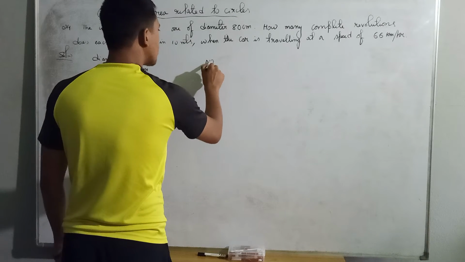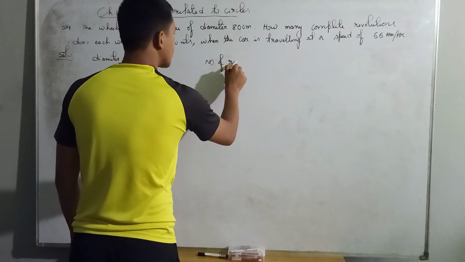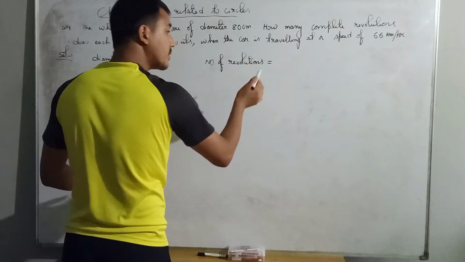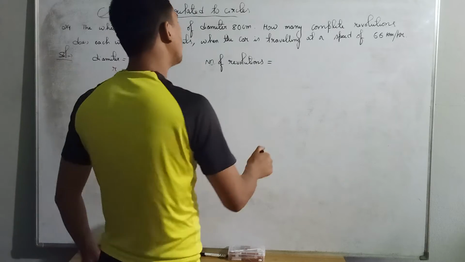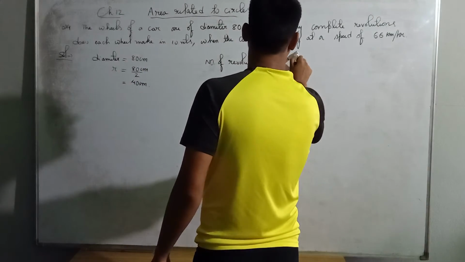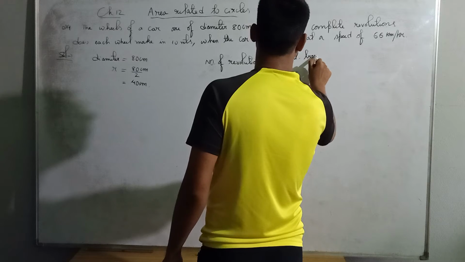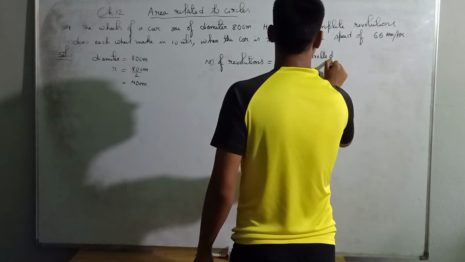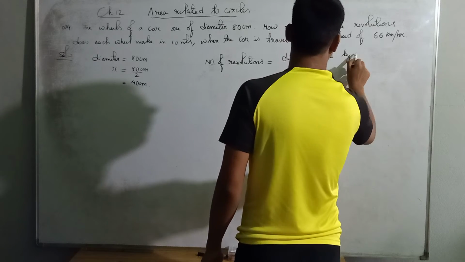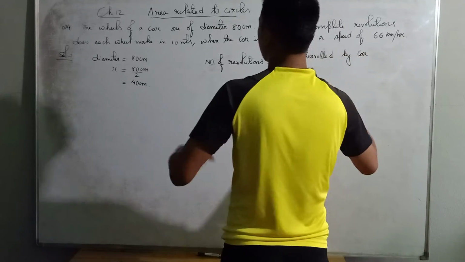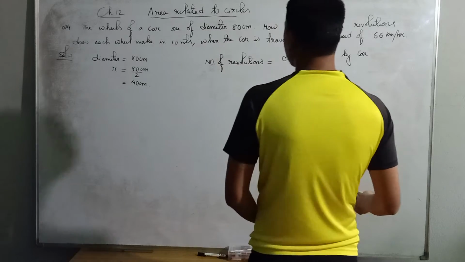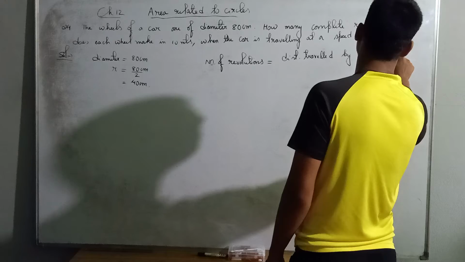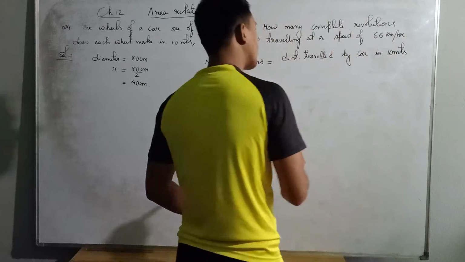So the number of revolutions made by the wheel of the car will be given by distance traveled by the car or by the wheels of the car, same thing, in 10 minutes.